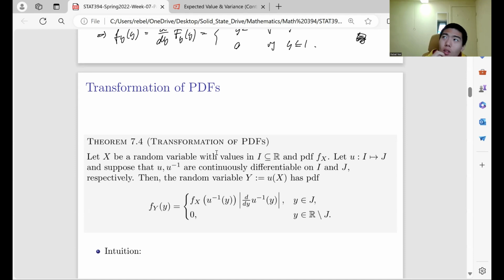So say, like the uniform distribution, where I is between 0 and 1, so it's not R. That would be a right example.